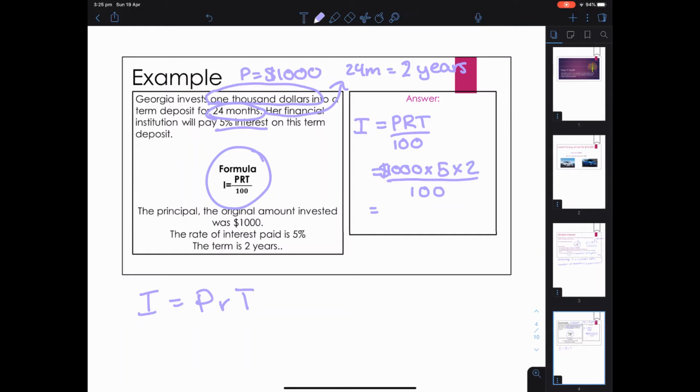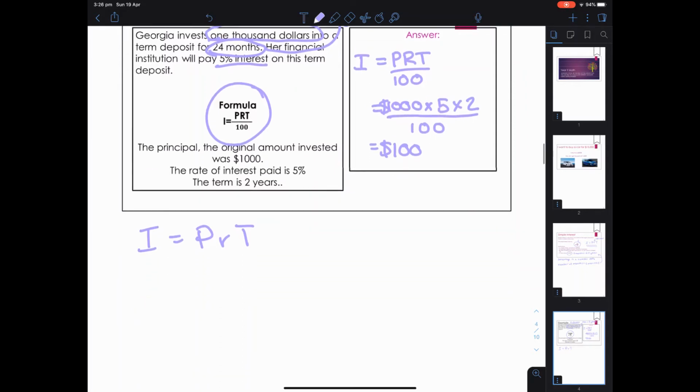So that is going to give us 1,000 times 5 times 2 divided by 100, and that's going to give us $100. So that is our interest. That's how much extra money you're going to pay on this loan or on this investment, because she's putting money in. So that means that in the end, after 2 years, she's going to have $1,100.